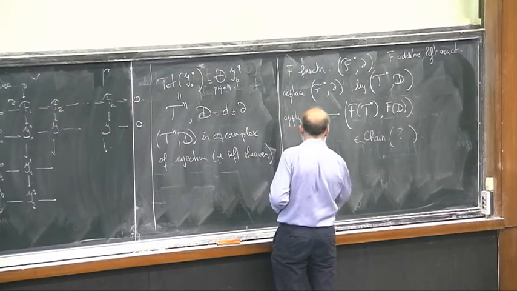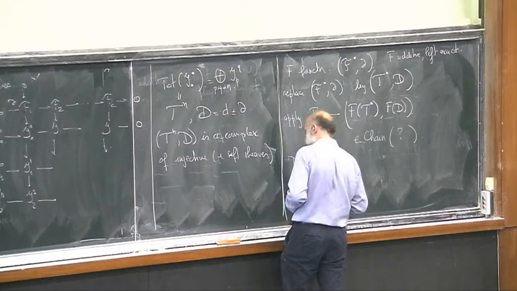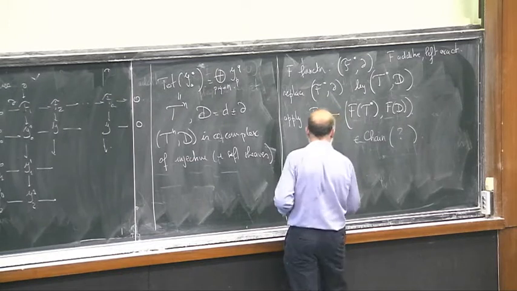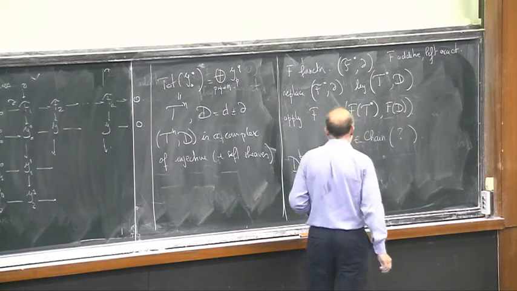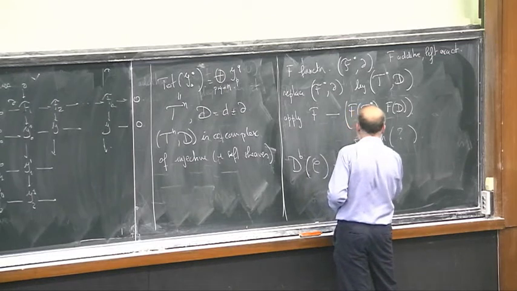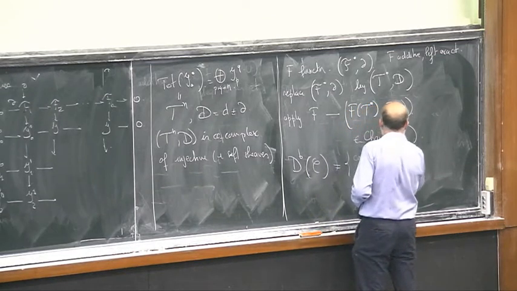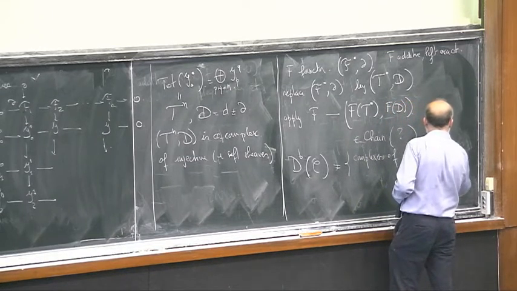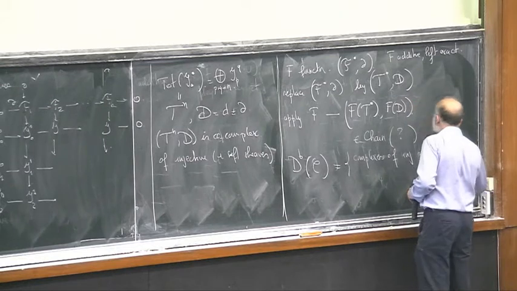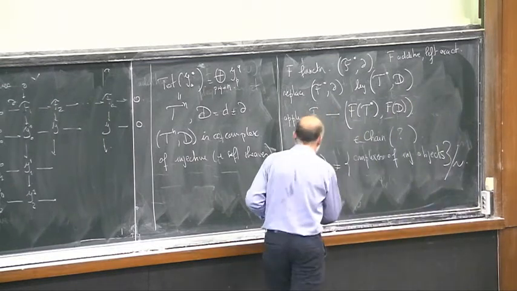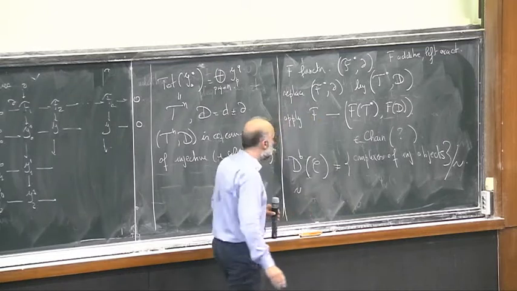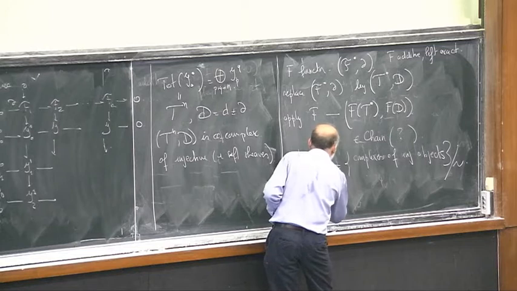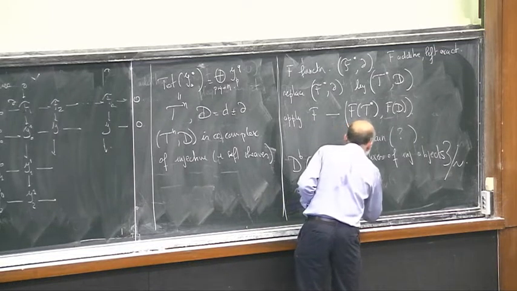So the derived category, let's say, of C, is essentially going to be the complexes of injective objects modulo an equivalence relation, where the equivalence relation means that objects are chain homotopy equivalent.